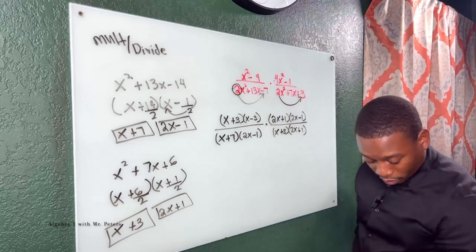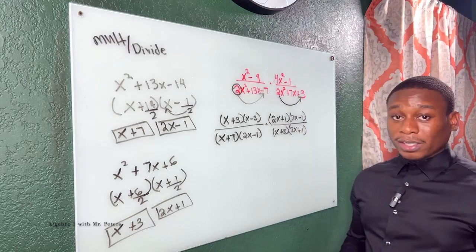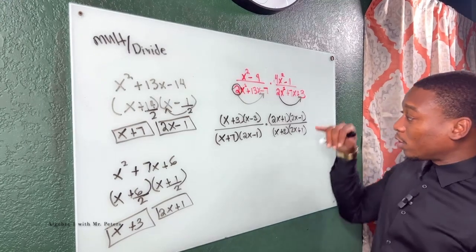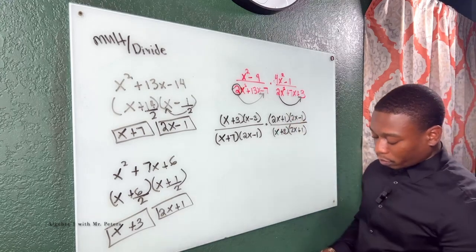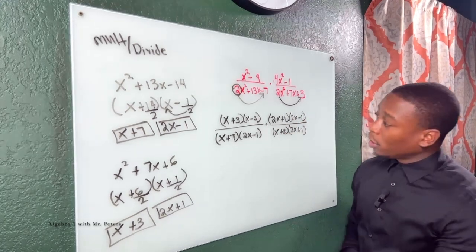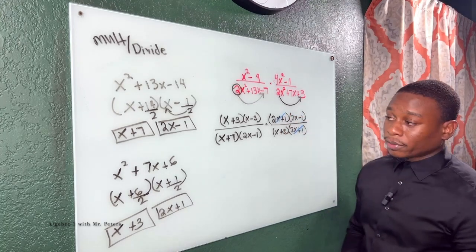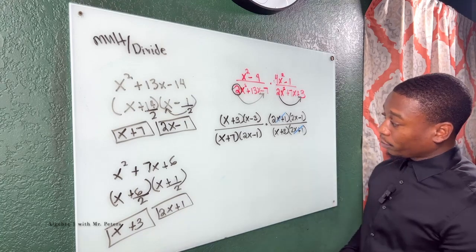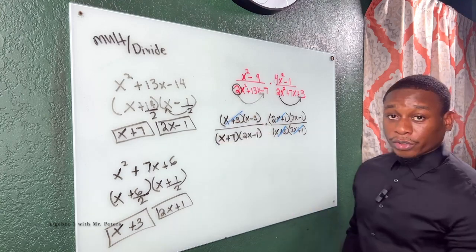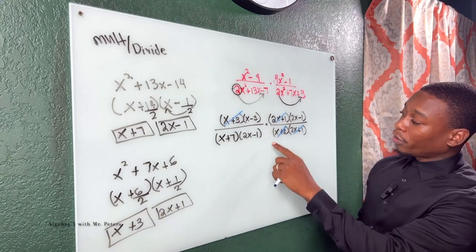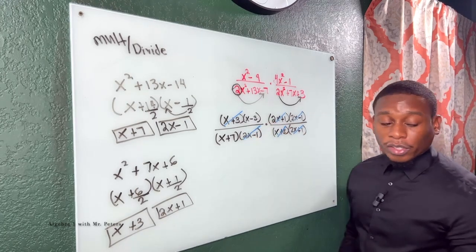X plus 3 times 2x plus 1. All right, let's double check the notes. Let's make sure this is correct. Yep, everything looks good. So now at this step, right, we could cross cancel, or we could cancel things that are right on top of each other. So perfect example, let's switch colors, all right? 2x plus 1 cancels out with this 2x plus 1, right? X plus 3 cancels out with this x plus 3. Then we go over, 2x minus 1 cancels out with this 2x minus 1.